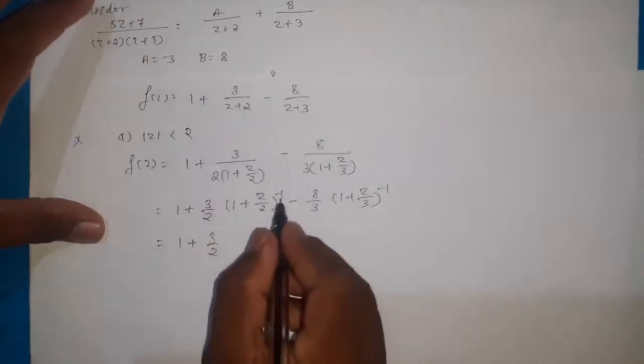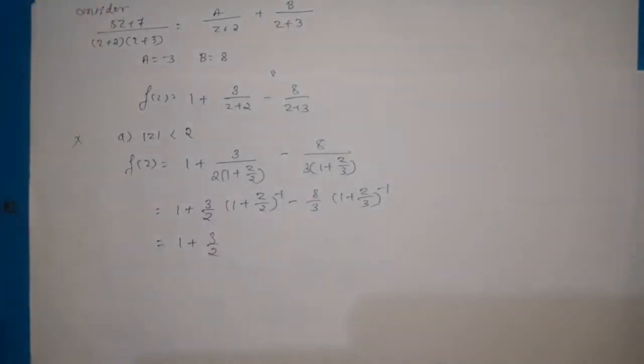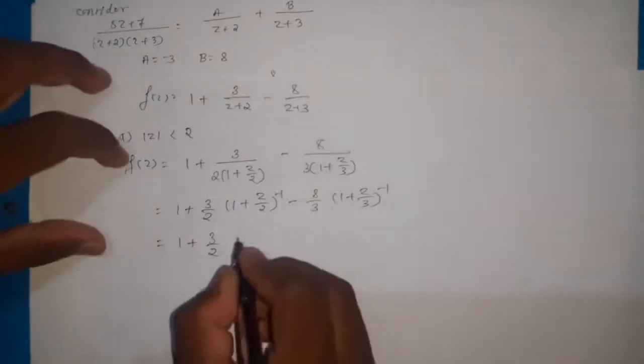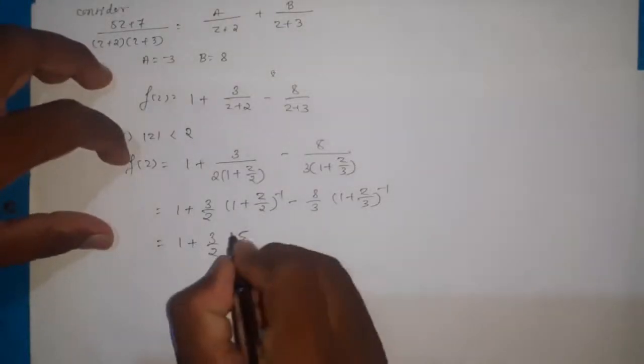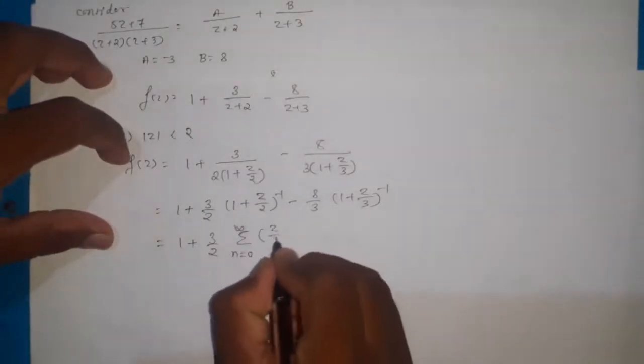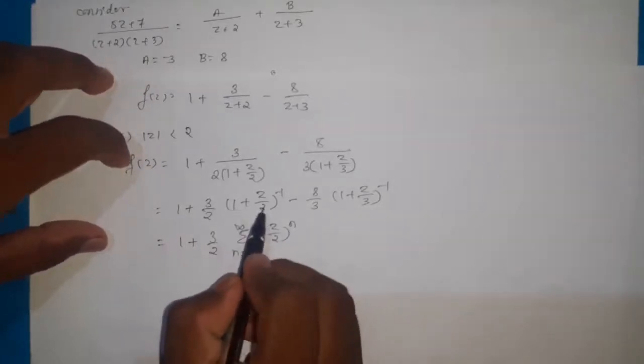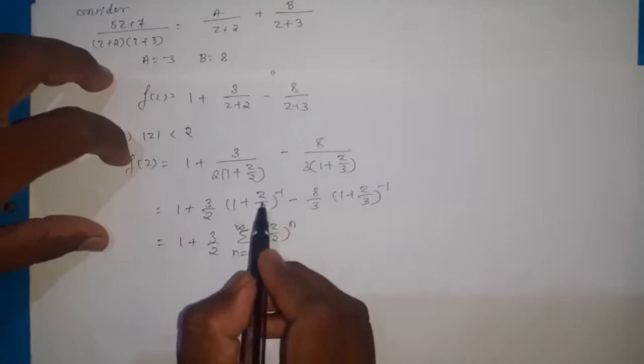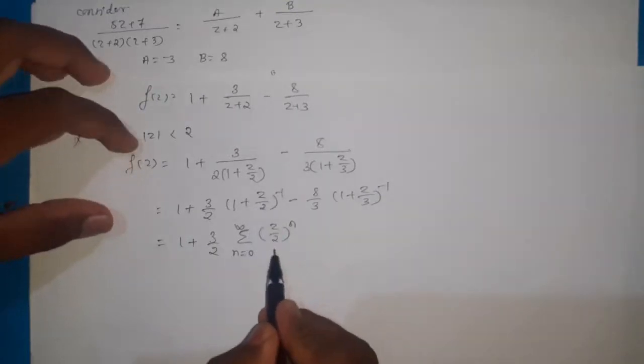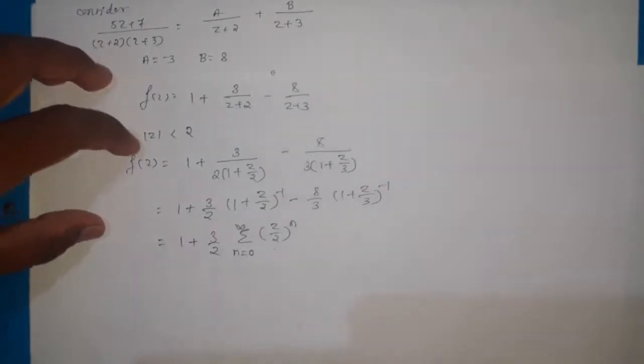So let us write this expansion in the summation form, that is summation over n equal to 0 to infinity of (z by 2) whole power n, because it is of the form 1 plus x. Whatever is present in the place of x must be considered in the summation except constants.